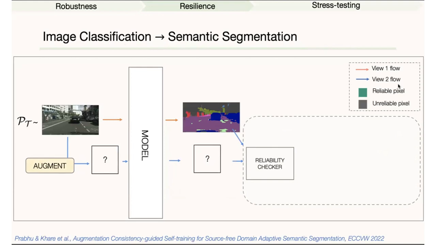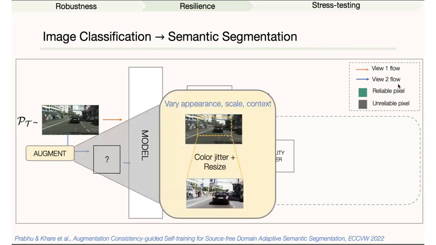And this extends pretty readily to other tasks, like test time adaptation for semantic segmentation, where we need to do a few tweaks to make sure that it works for this new task for dense prediction. So you need to maintain per pixel correspondence.